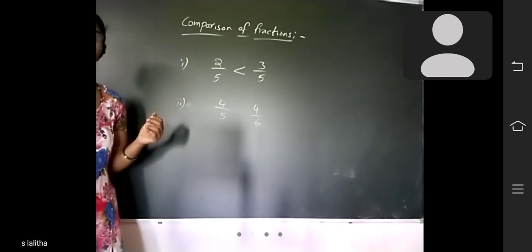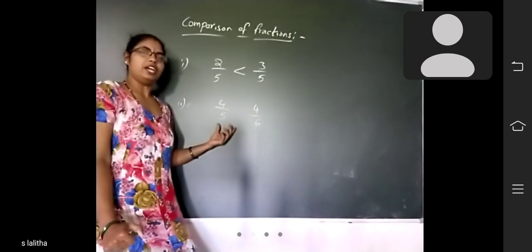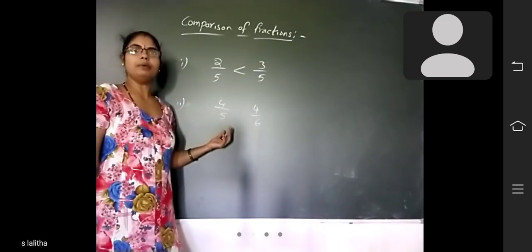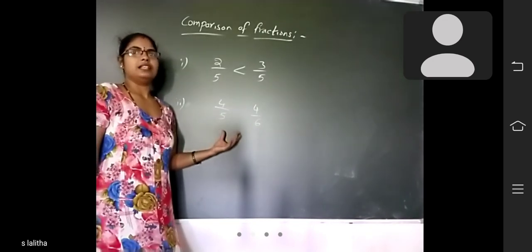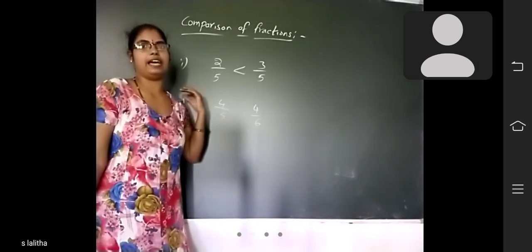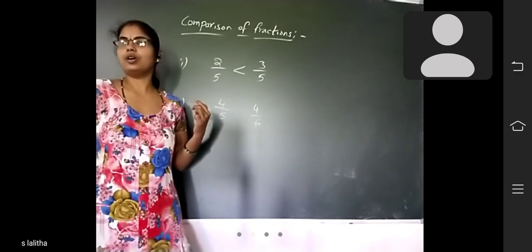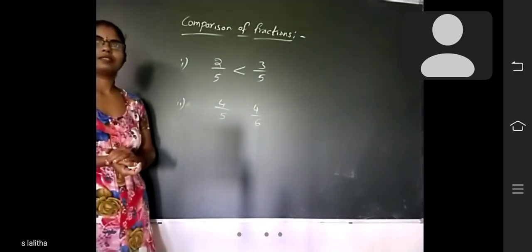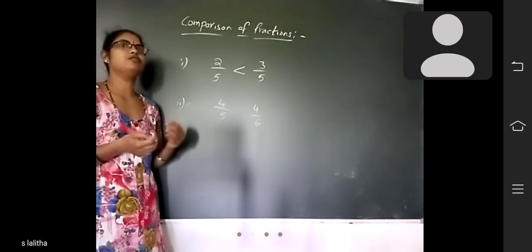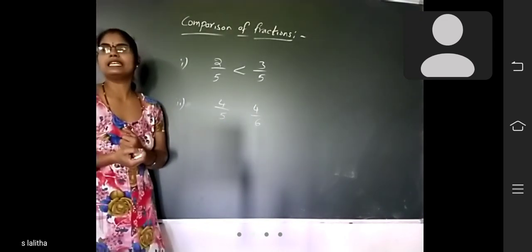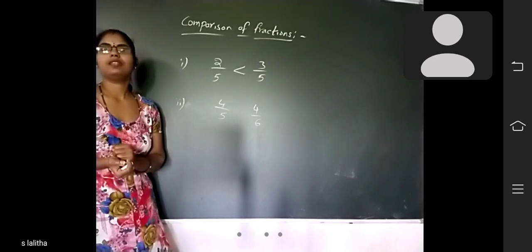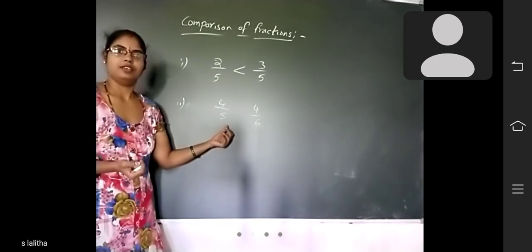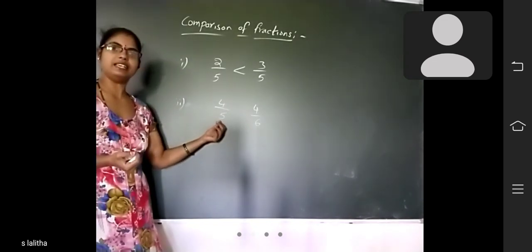Did you understand? So, which fraction has the smaller denominator, that fraction is greater than the other fraction. Okay. So, here which denominator is smallest? I am asking about the denominator. Here the denominator is 5. 5 is less than 6.